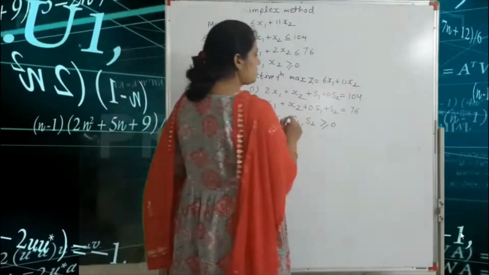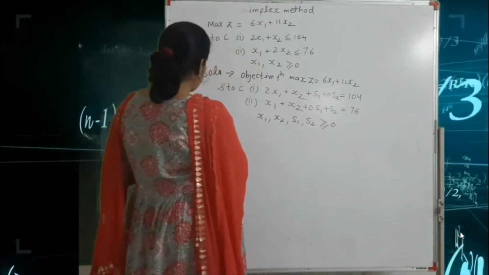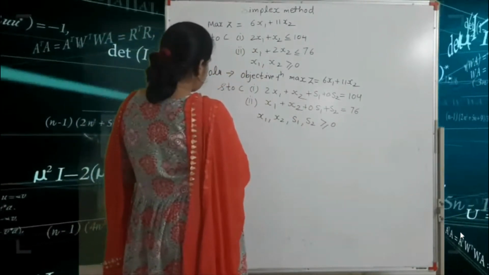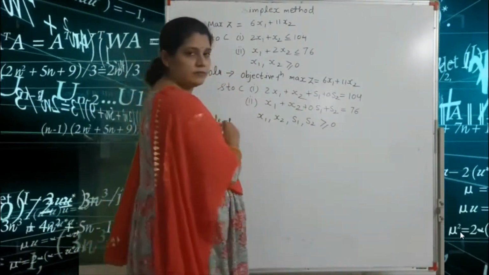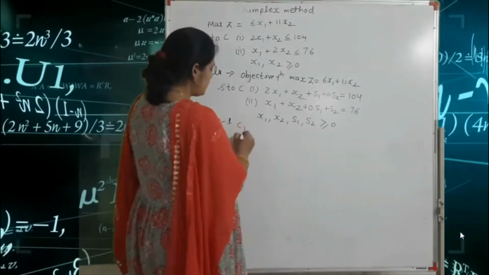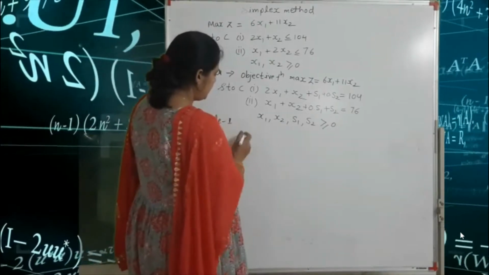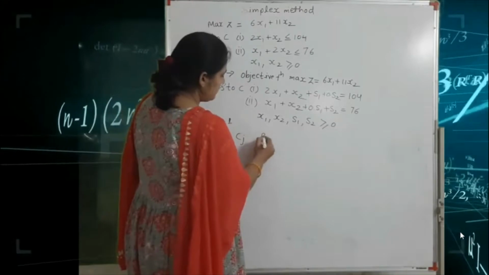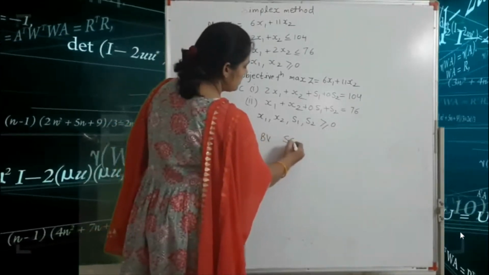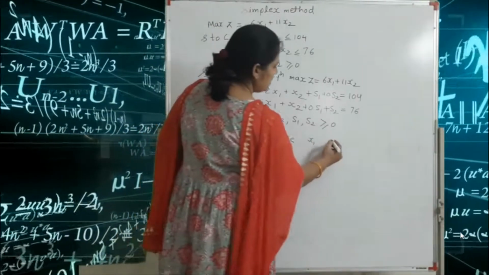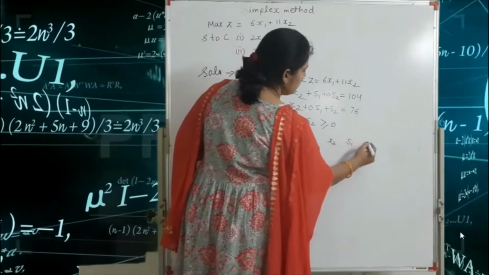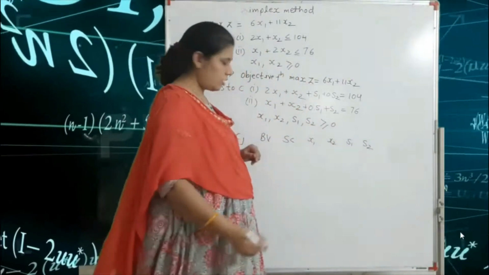So first we write the initial table, that means table number 1. Table 1 is what? We write Cj, basic variable, solution constant, x1, x2, s1, s2.